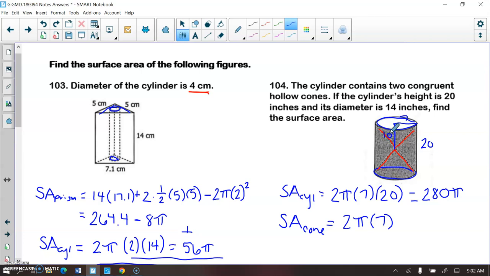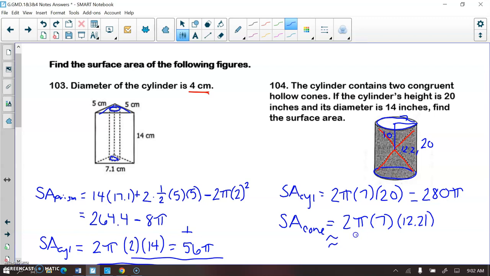So I'm going to use 10 and 7 and do the Pythagorean theorem to find out the slant height, which comes out to be approximately 12.21. So that's what I would write here. I already rounded, so I'm just going to round my final answer.